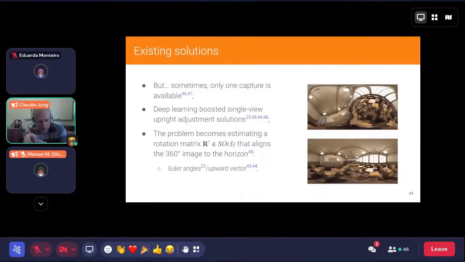And depending on how you design the loss function to train your network, if you use direct L1 or L2 norms, of course, 0 degrees is very different from 360. And you can tackle this problem as a classification problem. I mean, you have a set of predefined upright vectors, and you want to see which one the image better adheres to, or a regression where you directly regress the rotation angle, the upright vector.